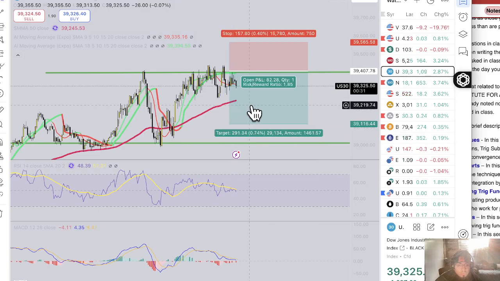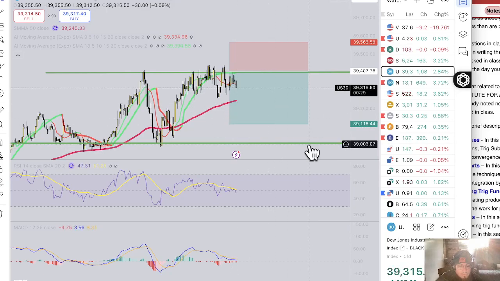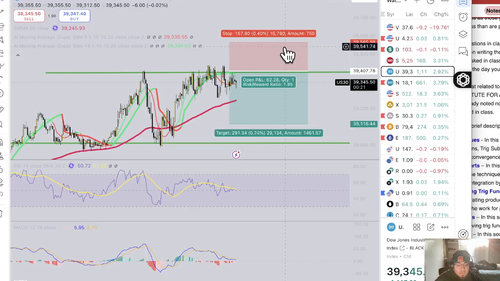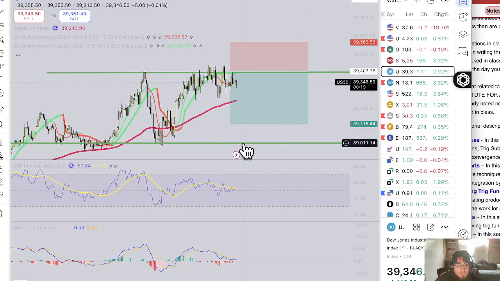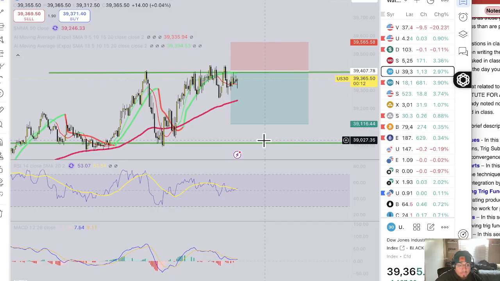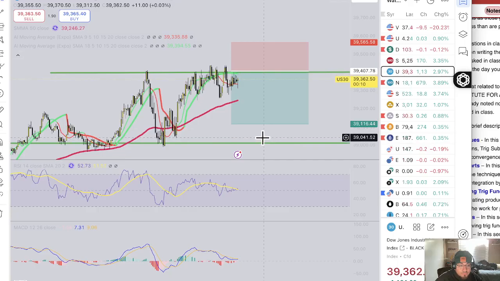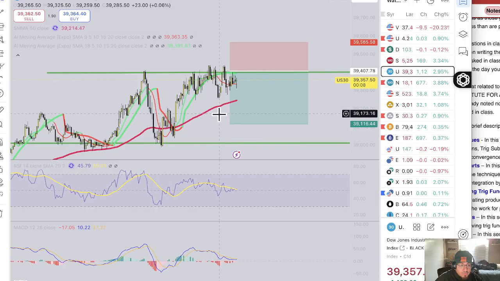Because if you do a take profit past the support and it barely touches the support and bounces, then you could have made that much money and gone out of the market and made that money. So this market is just trying to figure out what it wants to do.